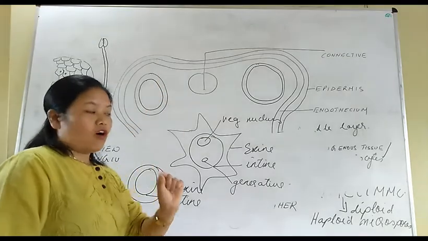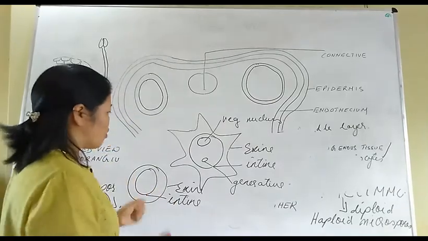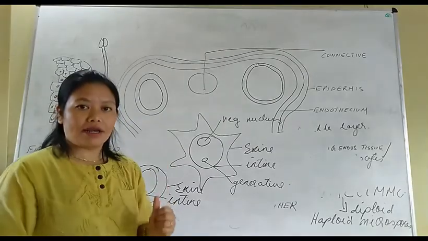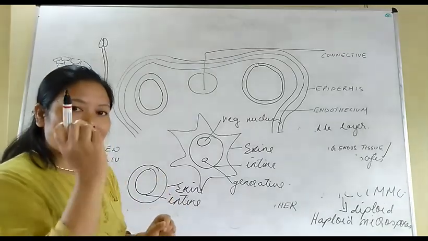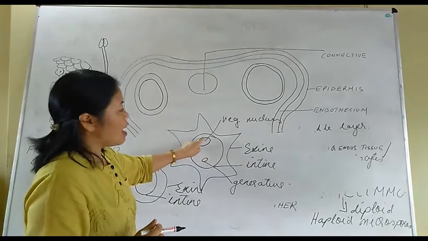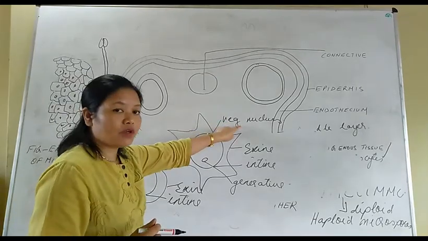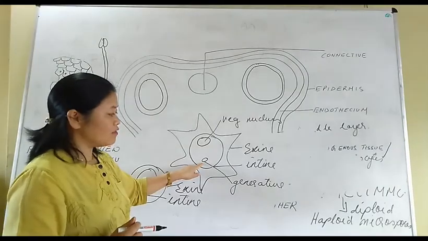Each microspore previously had only one nucleus, but after division that single nucleus has divided into two. The larger is the vegetative nucleus and the smaller is the generative nucleus.